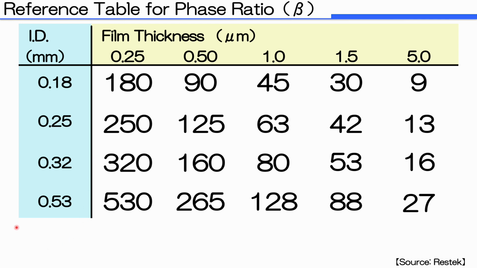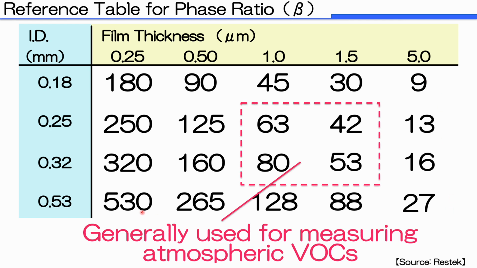The blue columns are the inner diameter size, and the yellow rows are the film thickness size. And phase ratio is written in the middle of this table. The red squared parts are the ones that are generally used for measuring atmospheric VOC. So when you are purchasing a new column, please refer to this information.